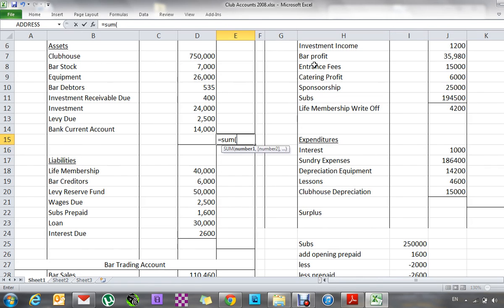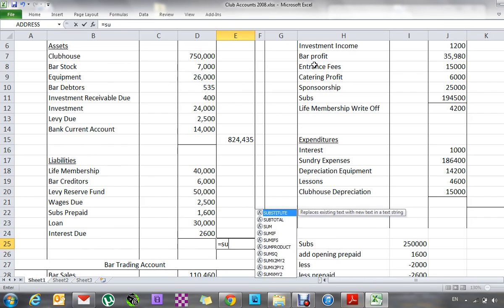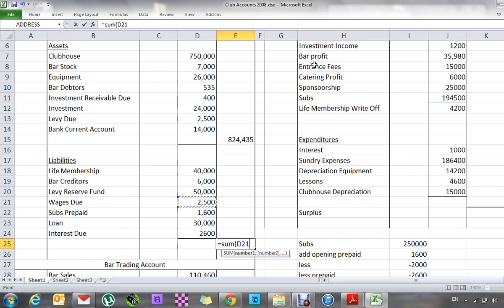So add up all of my assets, add up all of my liabilities, and again, this is something you only do in the exam if you have time. You've now got 90% of the marks already by just putting the right numbers in, and you only do this extra bit if you have the time to do it.